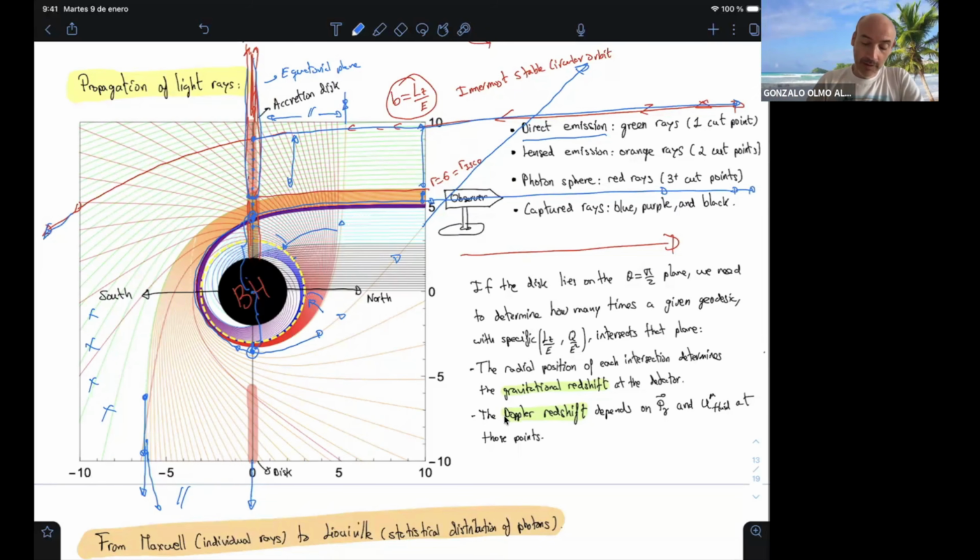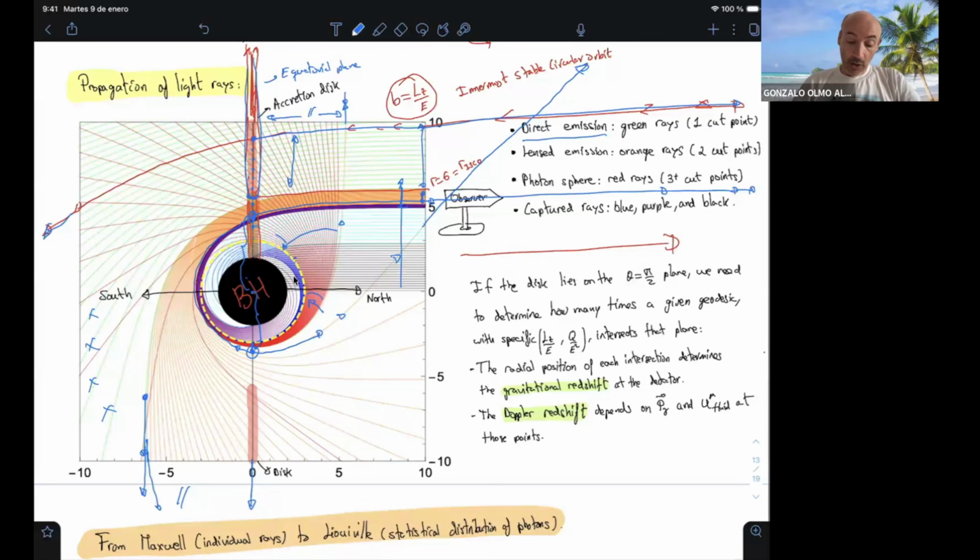But those geodesics are very important because they define the photon sphere. This yellow continuous line represents the photon sphere, the limiting surface that separates the photons that escape from those that are captured by the black hole. Everything in this region is captured by the black hole, and everything above that, above the red, including the red one, is free to move.